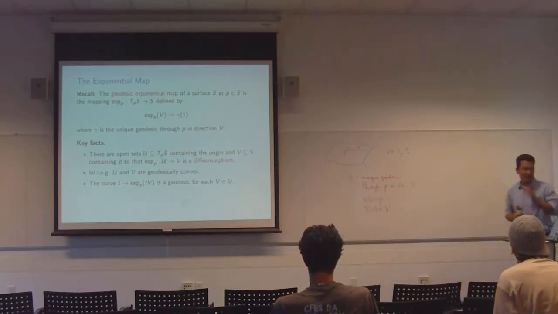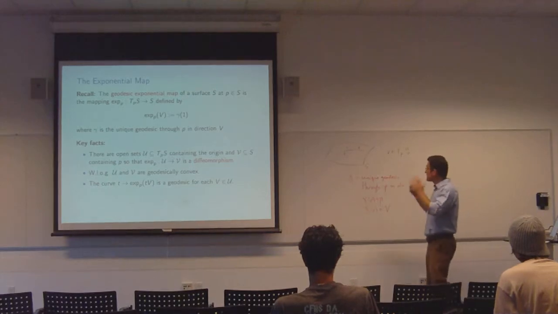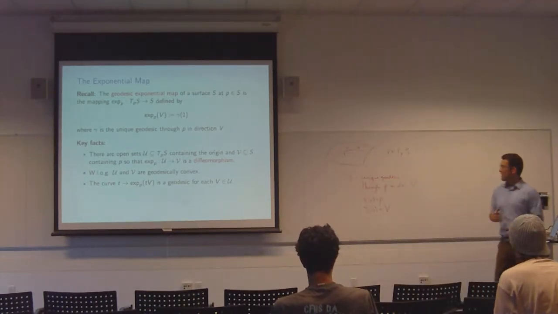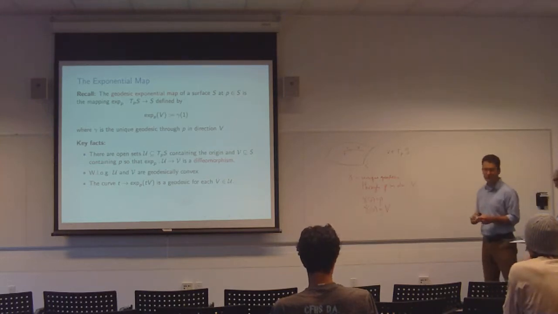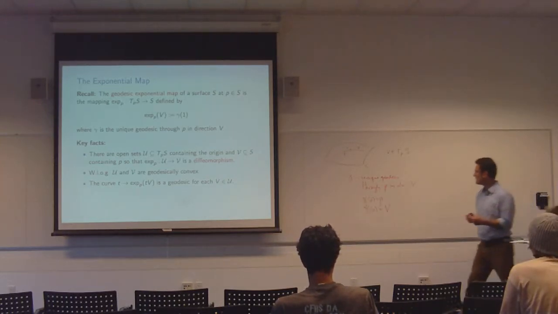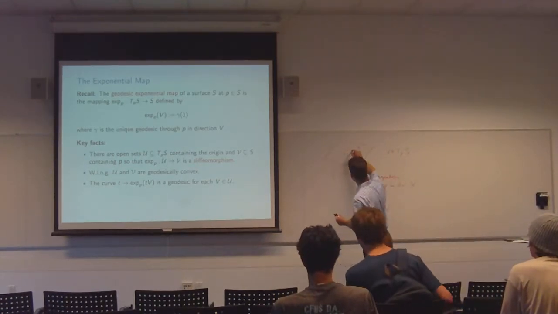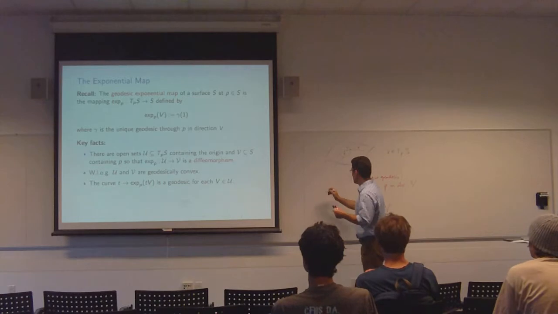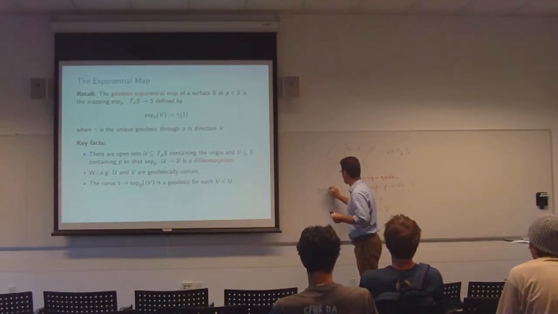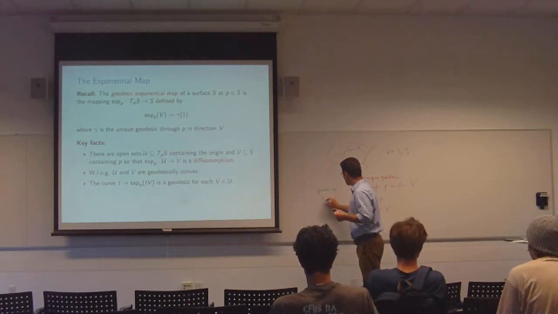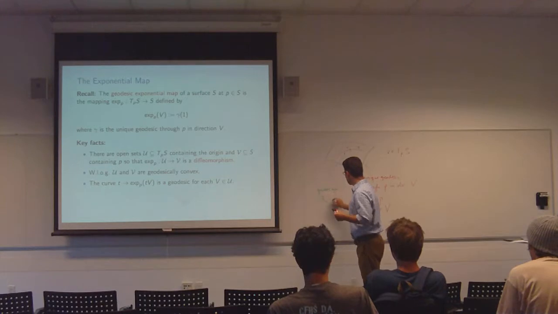Okay, so we asserted that there exists such a thing, given P and V. And then I told you more or less the main ingredient in the proof. The main ingredient of the proof is that you have the geodesic equation, which was that the geodesic curvature of the curve is normal to the surface.